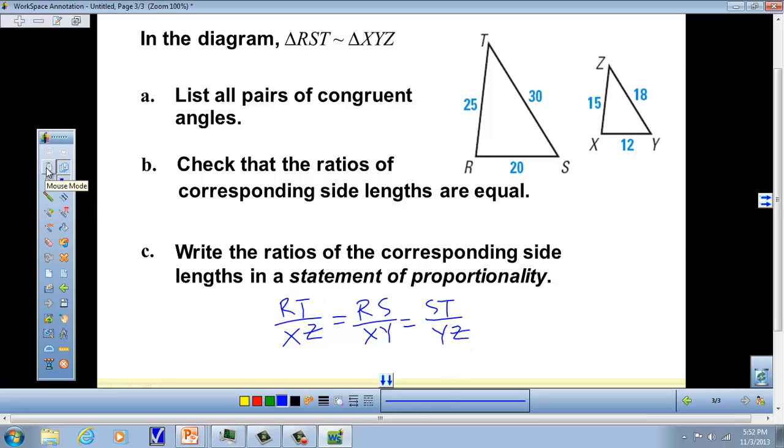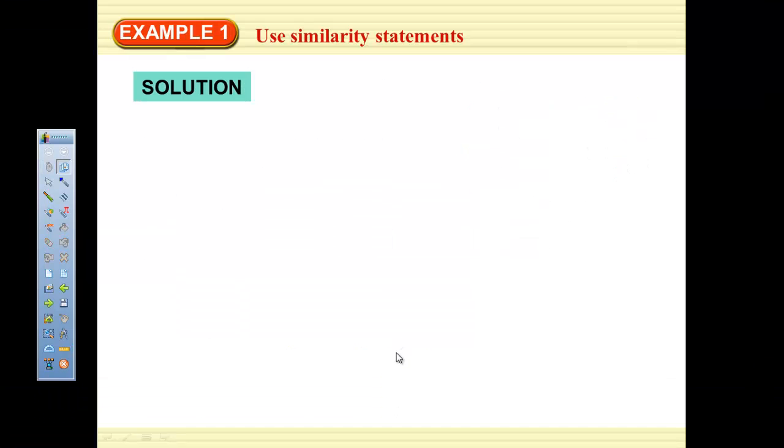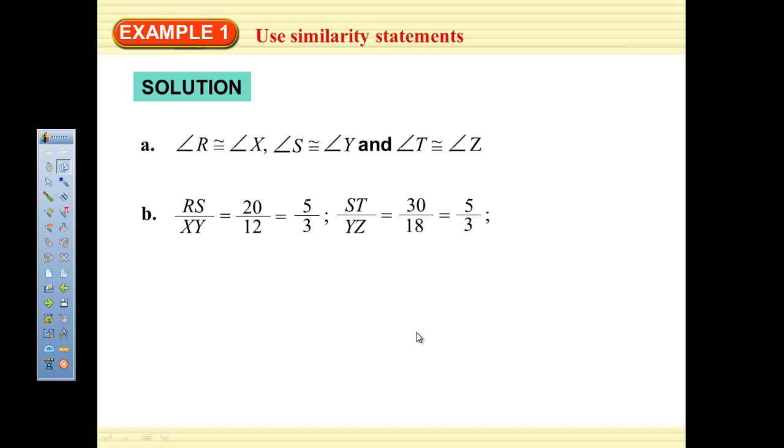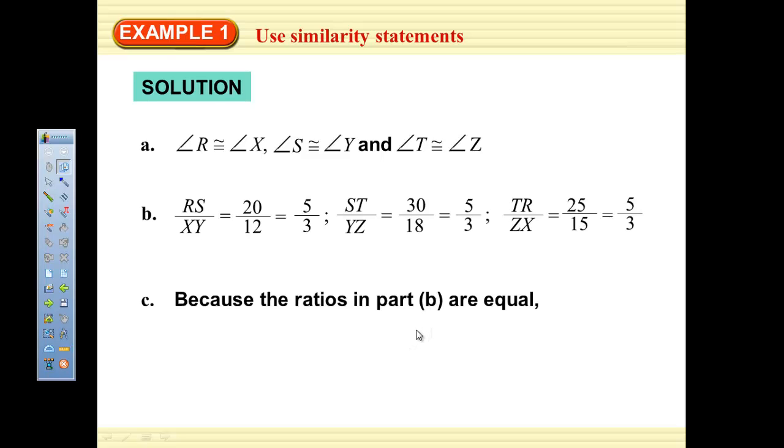Okay? So that's our statement of proportionality. There's our first answer, second answer, and third answer. Again, we just take this is equal to that is equal to that.